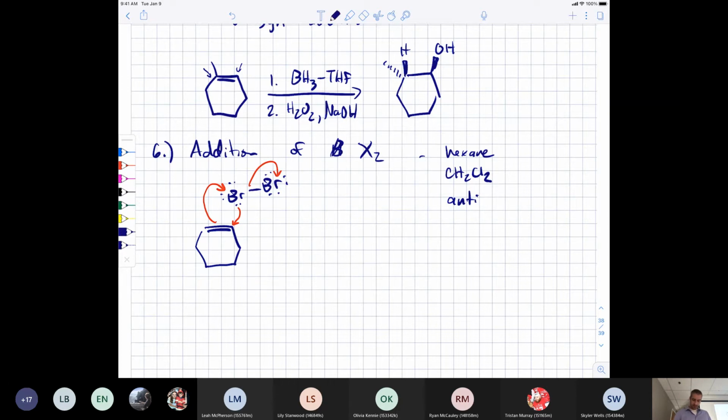And we need to draw a product that makes sense. So that Br now has 2 bonds, 2 carbons. It has 2 lone pairs left.